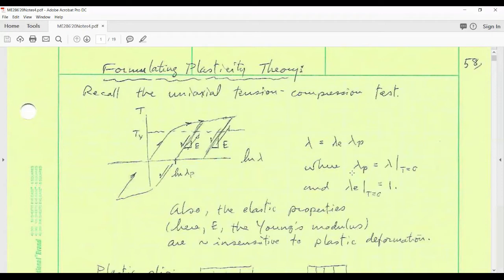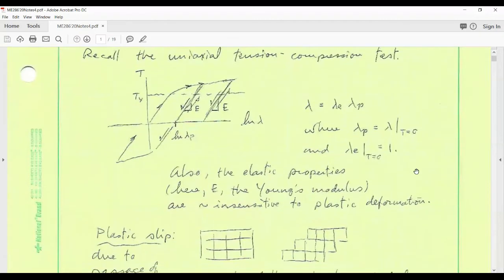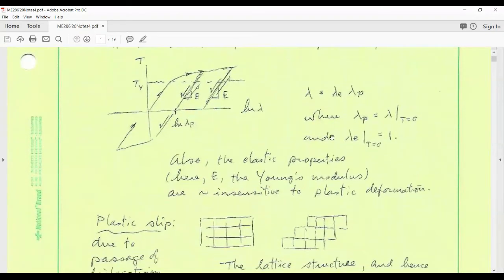So that lambda sub E, the elastic deformation, is equal to 1 when there's no stress. That means essentially the elastic strain corresponding to 0 stress is 0, since there's a natural log. We'll extrapolate these ideas from 1D to 3D.